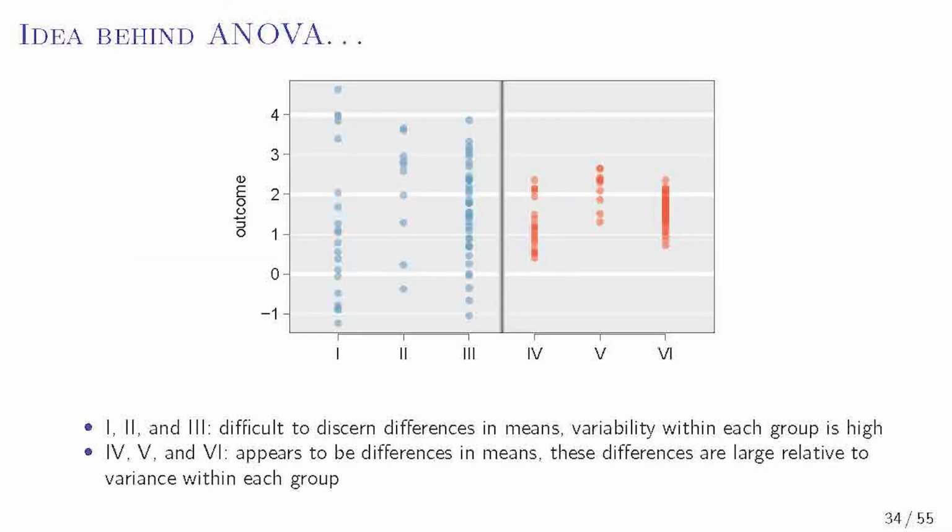So here's an illustration. Just visually, this is near impossible. We have different dispersions, so the variability between them is different, or within them is different. And this will be a really difficult thing to just try to decide, are the means the same or different?